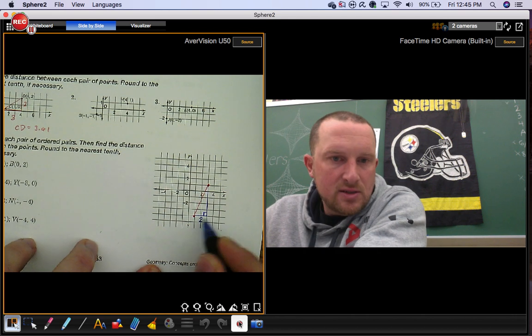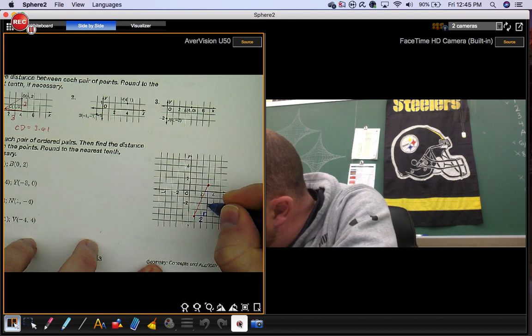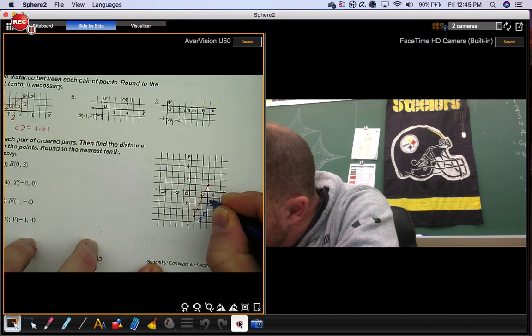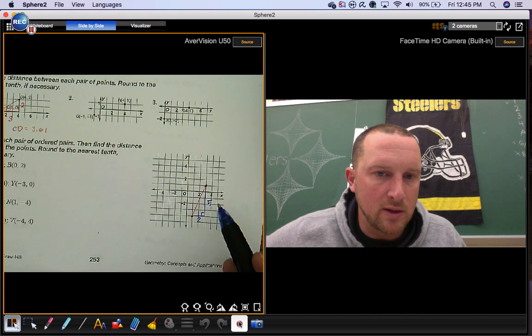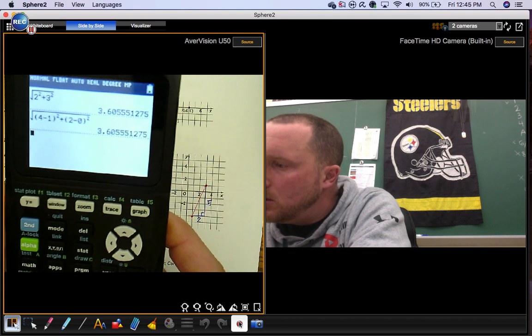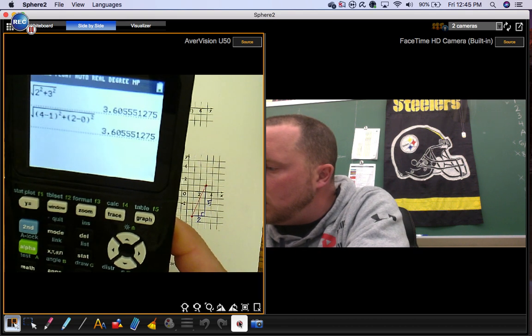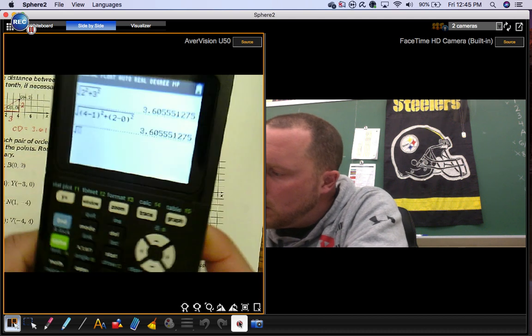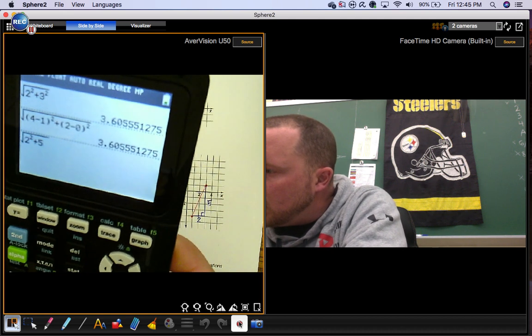That horizontal distance is 2. This vertical distance is 5. So you have a right triangle where the legs are 2 and 5. So how do you find the hypotenuse? Well, you take the square root of 2 squared plus 5 squared.